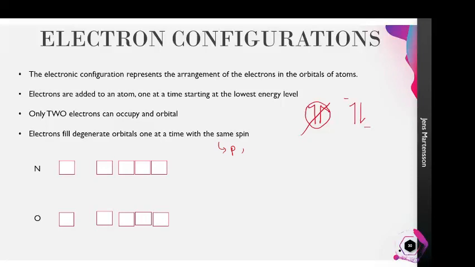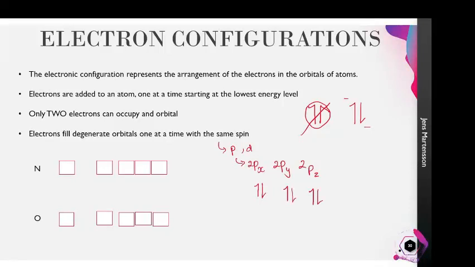So if you have 2px, 2py, and 2pz, you first fill 1, 2, 3, and then come back and add to each one, which can hold 2.